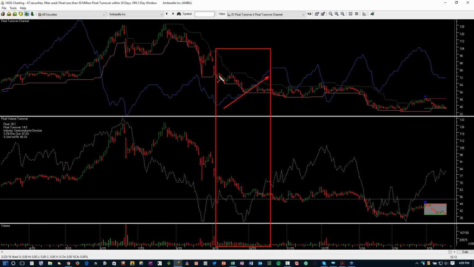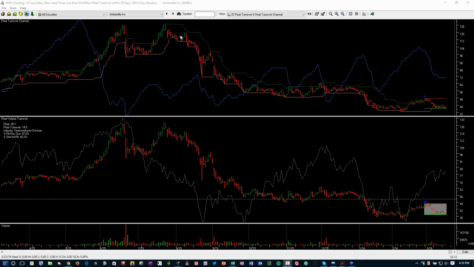But I would say when it's falling fast like it was here and the volume increased pretty dramatically, there was a lot of institutional dumping there. But it was probably worse.